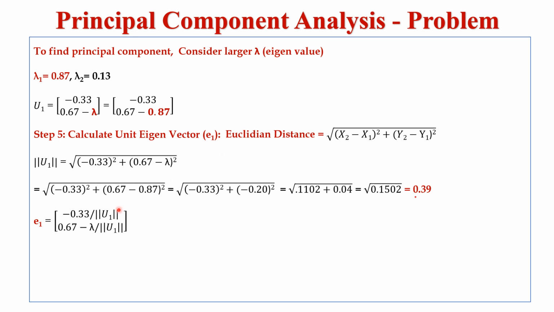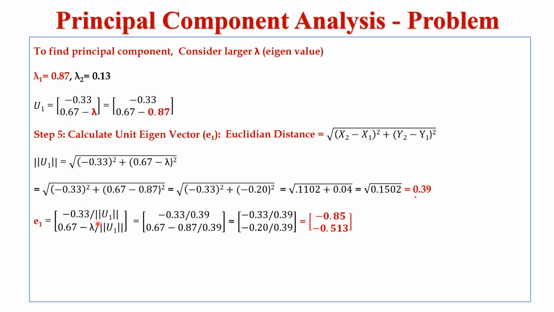The formula is E1 equal to minus 0.33 divided by the distance of U1, and similarly, 0.67 minus lambda divided by the distance of U1. We know the value of U1 and also the lambda, which we have chosen already. By substituting these values, we get the unit eigenvector value as minus 0.85 and minus 0.513.